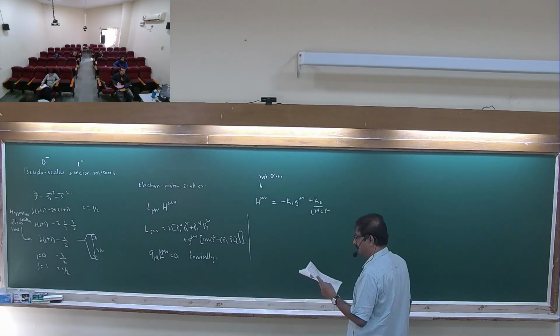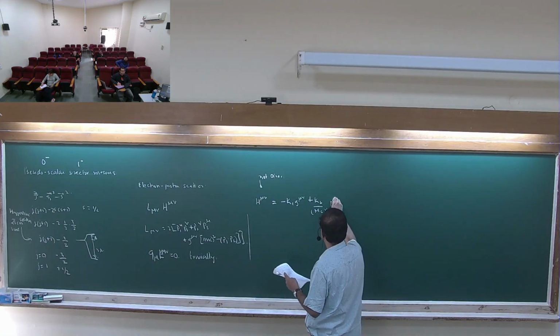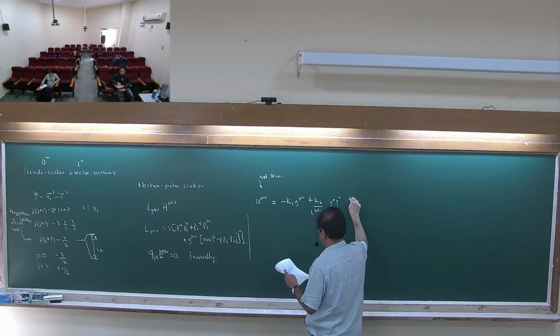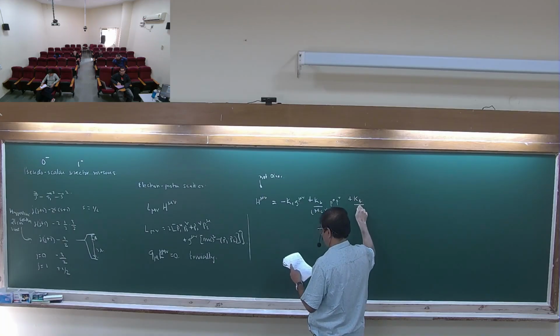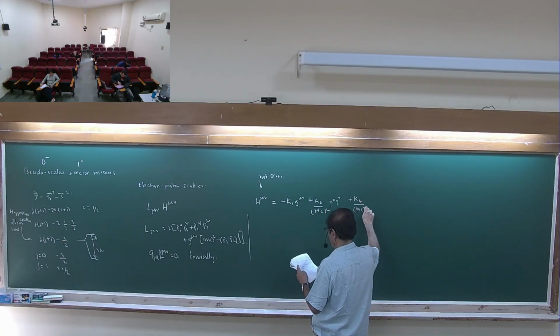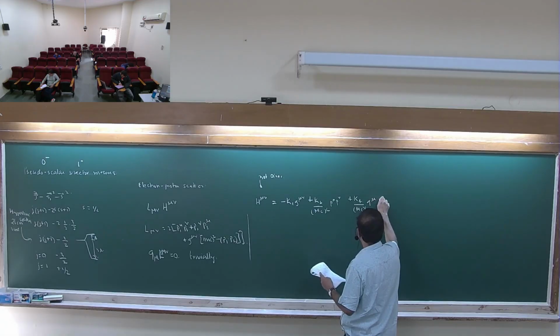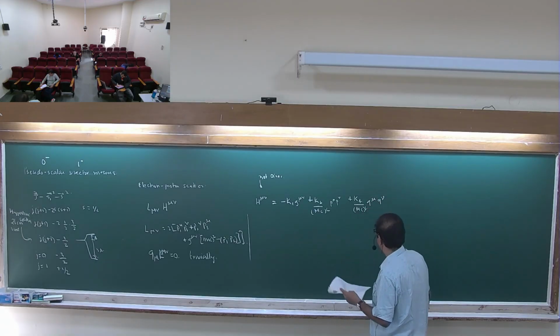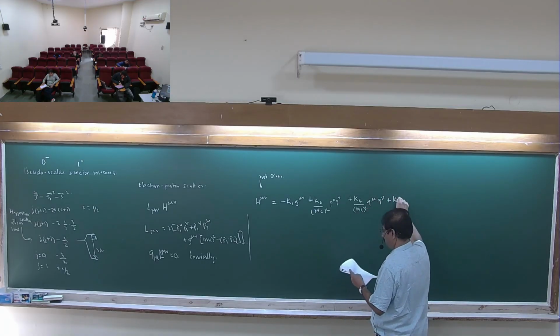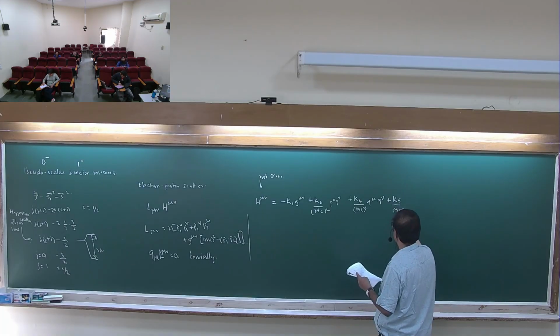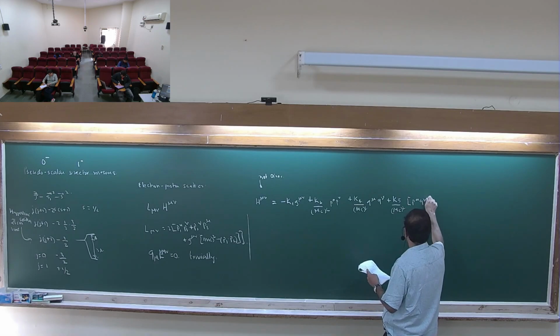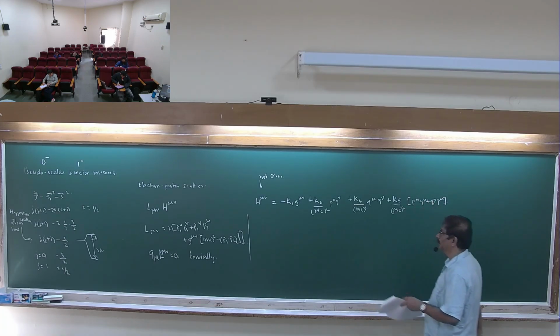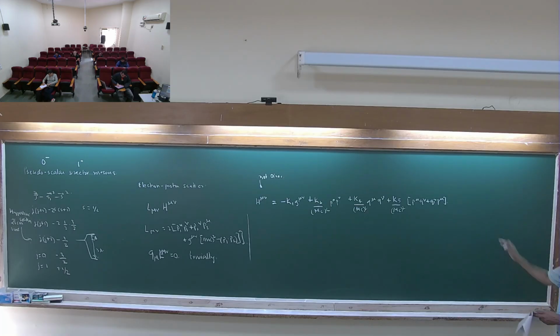So this is K2 P mu P nu like that plus K4 by M c squared. We wrote this Q mu Q nu plus K5 by M c squared times P mu Q nu plus P nu Q mu. So this is the most general thing.